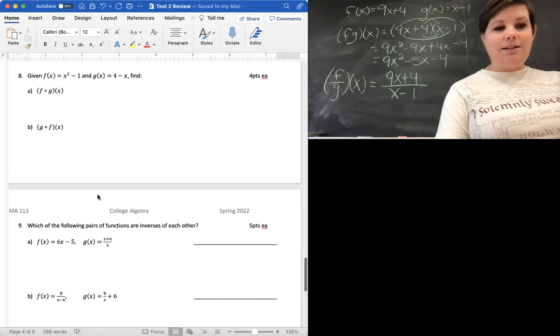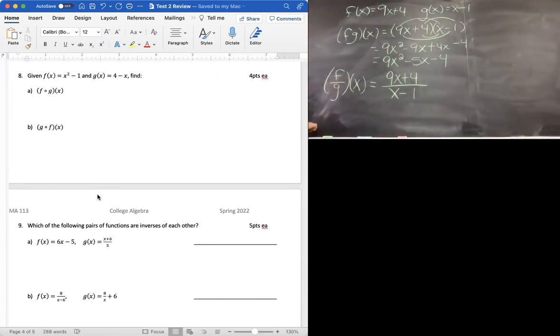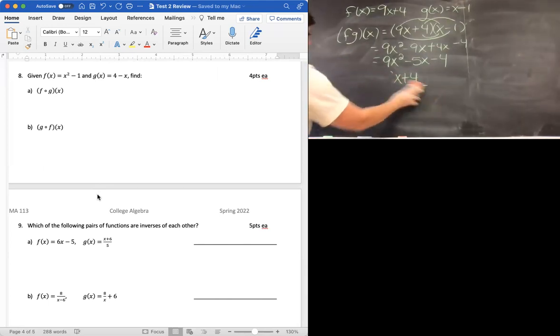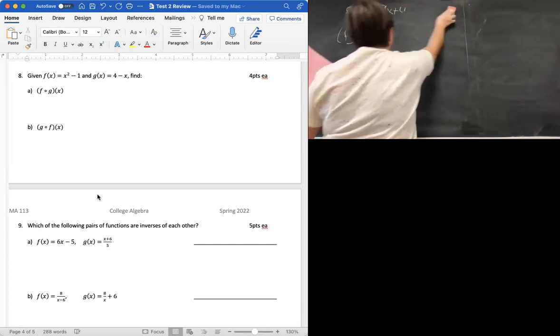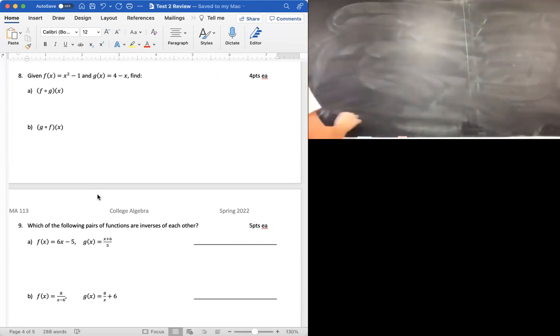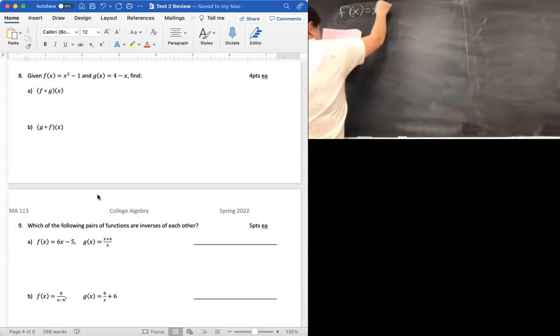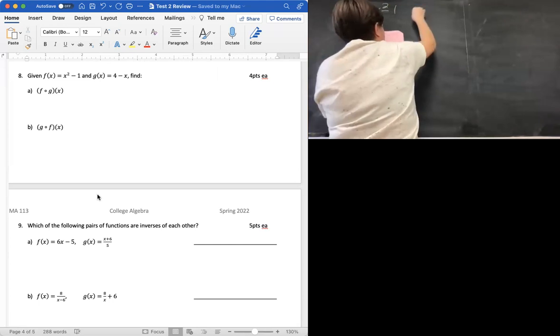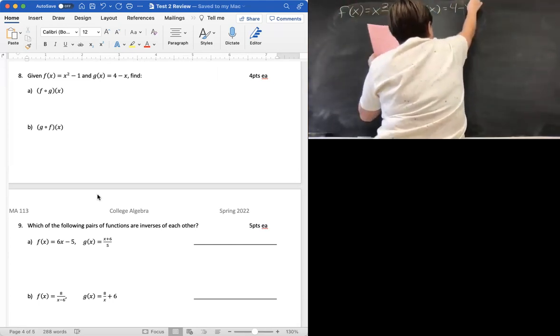Now for number 8, this is also from 2.6, but this is composition of functions. This is where we take the functions and shove them inside of each other to come up with new functions. So I have f of x equals x squared minus 1, and I have g of x equals 4 minus x.